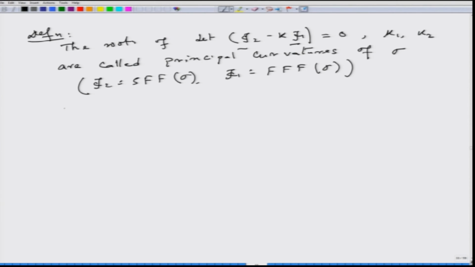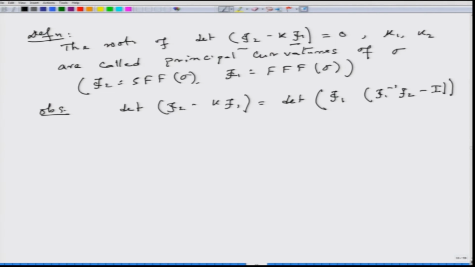Now you see immediately an observation: the determinant of F2 minus k F1 equals the determinant of F1 inverse F2 minus k times identity, up to the factor det F1.